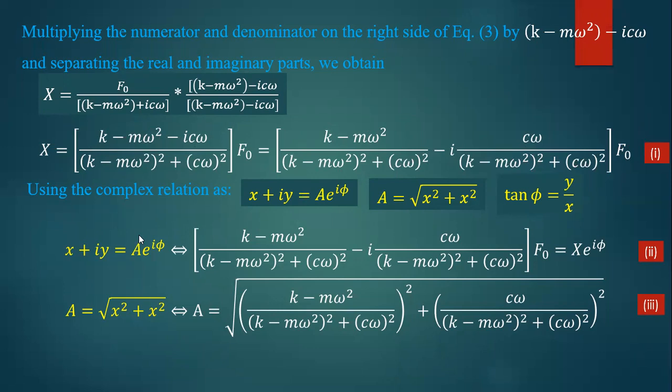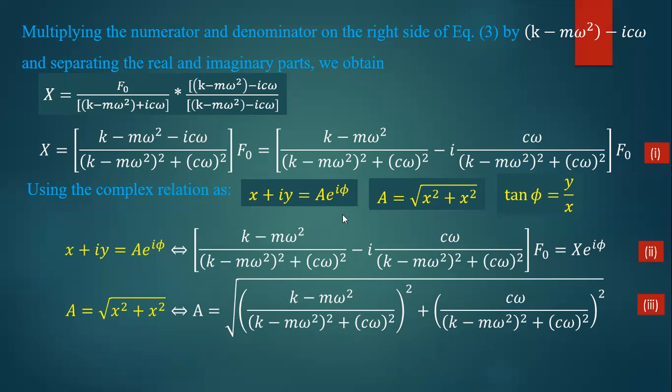So we have a complex conjugate relation, like x plus iy is equal to a times e to the i phi, where a is equal to the square root of x square plus y square in this expression. And this phi is tan phi equal to y over x for this expression.